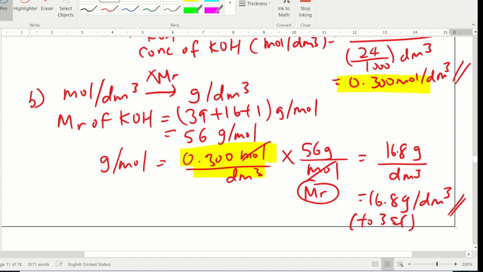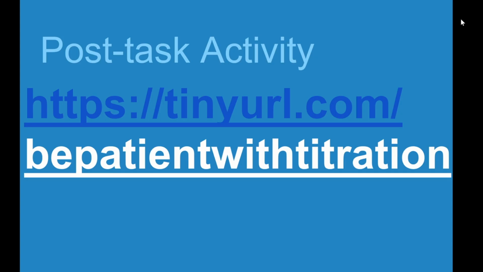So this is how you get gram per dm cube. This is how we use titration to find out the concentration of a solution. And we are done with both questions.